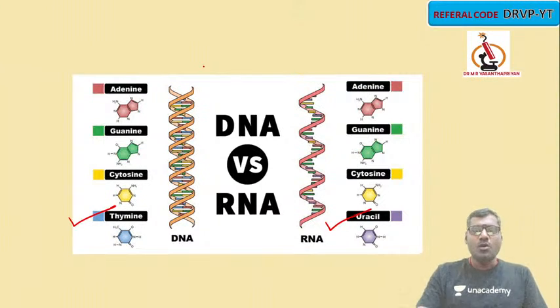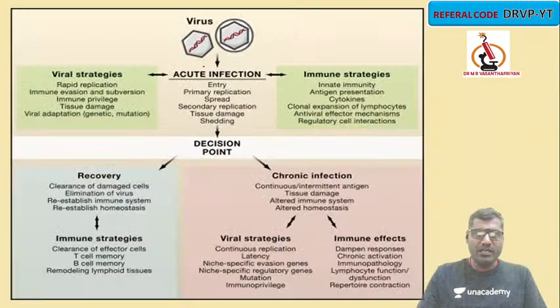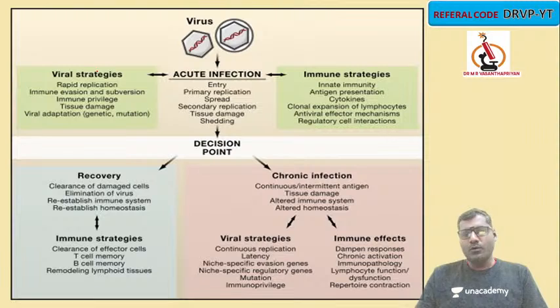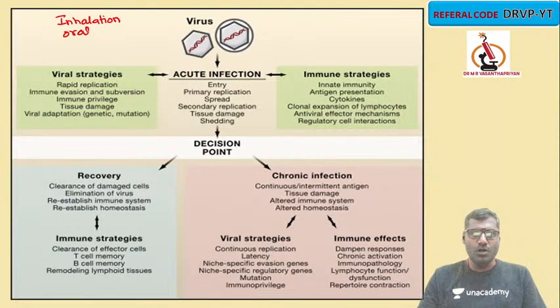Once the virus is infecting the human by the various modes of transfer, for example, the virus may infect the person by the inhalational mode of entry. First one is inhalation. Number two, it may be taken by the oral route after contamination.